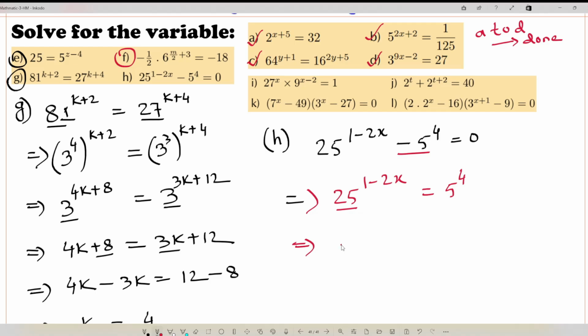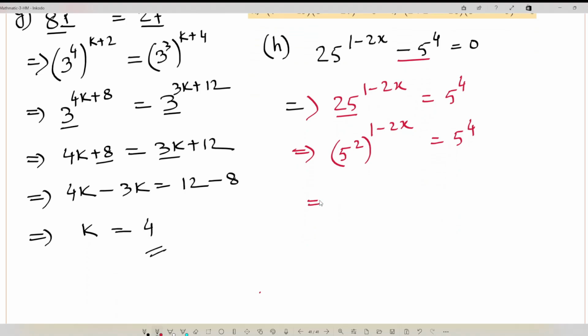This 25 we can write what? 5 squared and to the power 1 minus 2x equals 5 to the power 4. Then we can write 5 to the power 2 minus 4x equals 5 to the power 4.